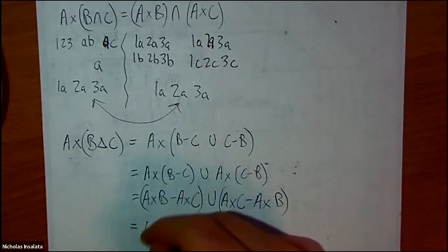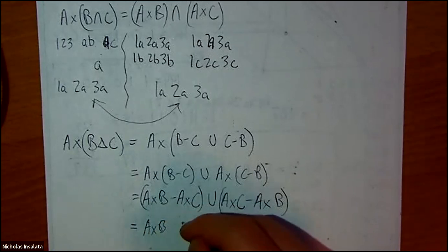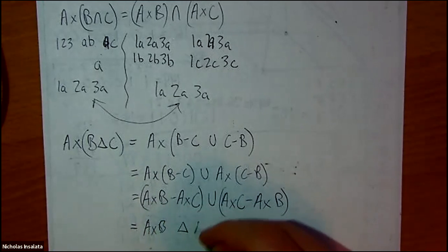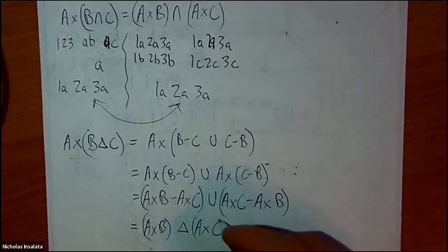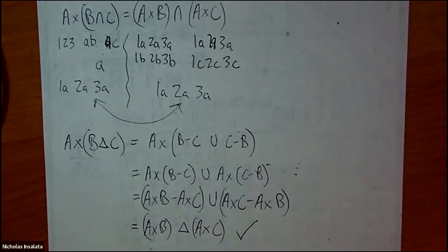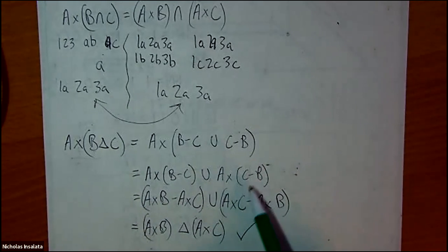Which means that's just A cross B triangle A cross C. And there's your little algebraic derivation, assuming that you have union and set subtraction distributive properties already. What do you guys think? Does that make sense? Okay, you're happy with that.